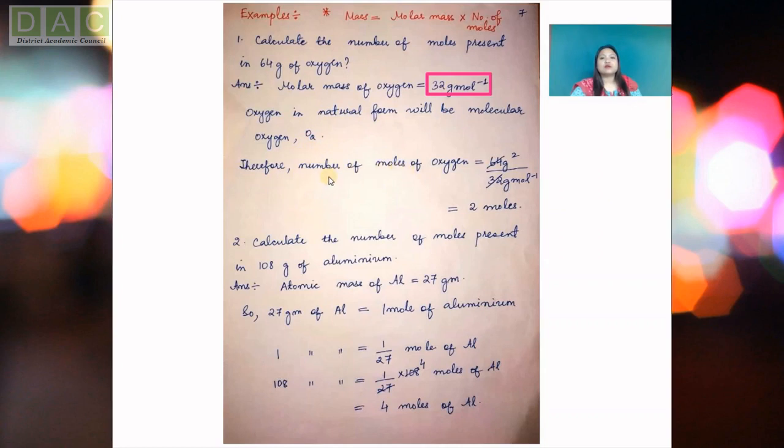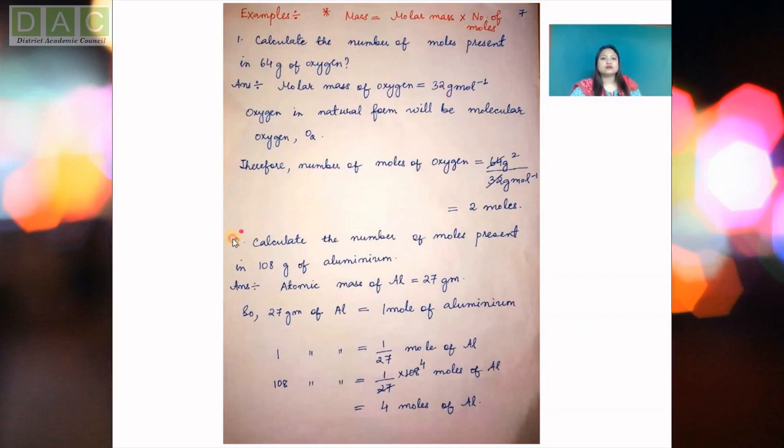So therefore the number of moles of oxygen will be equal to 64 gram divided by 32 gram per mole. If we cancel them, we will get 2 moles. So the answer will be 2 moles.